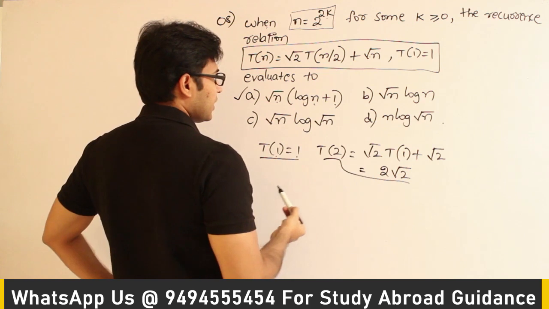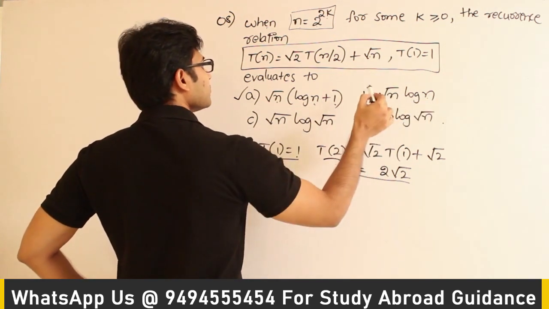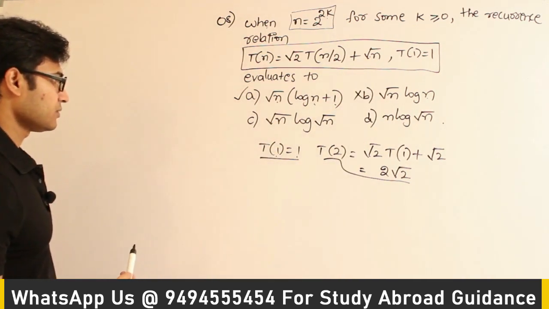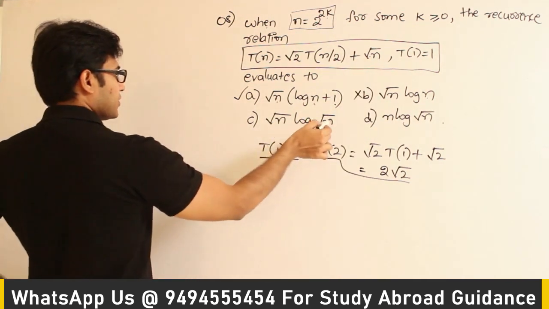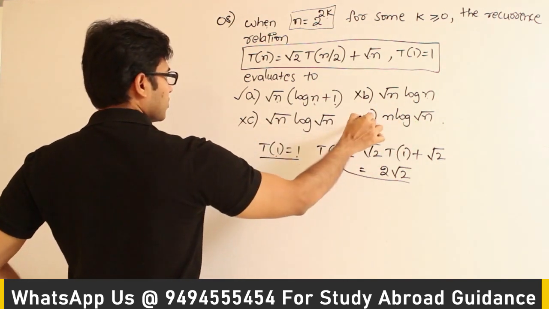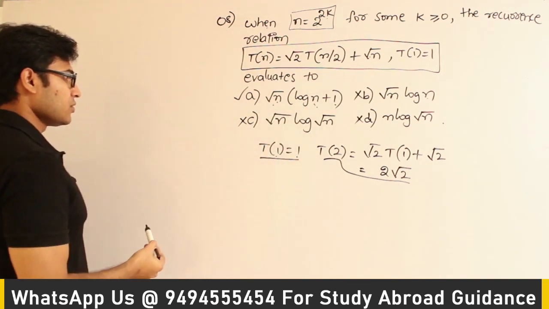Let's see the next one. If you put log 1 here, the entire factor is going to be 0, isn't it? Therefore it is not satisfying. And if you put 1 here, this entire thing is going to be 0, not satisfying. If you put 1 here, 0, not satisfying. So this is the only option which has satisfied t of 1 equal to 1.